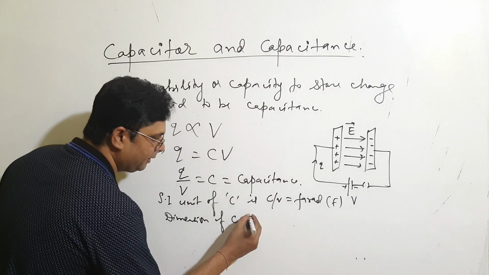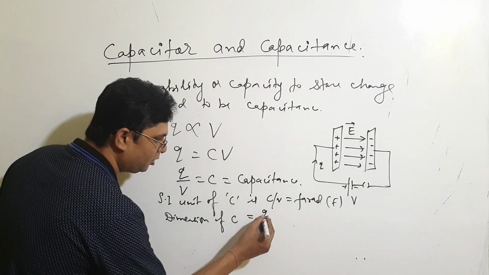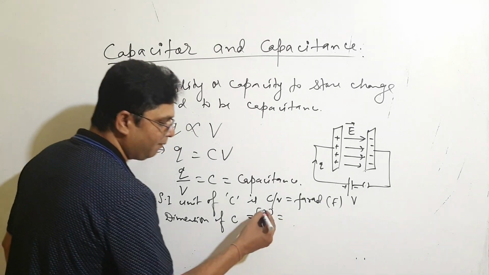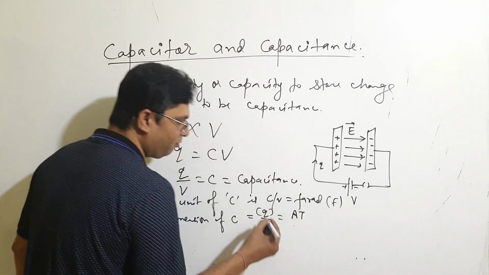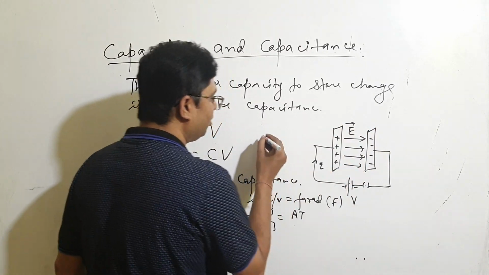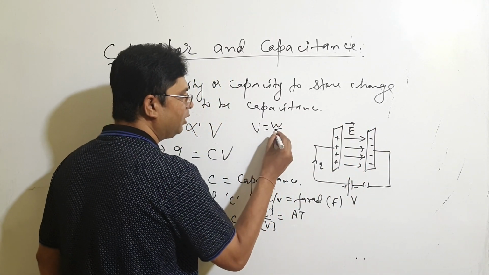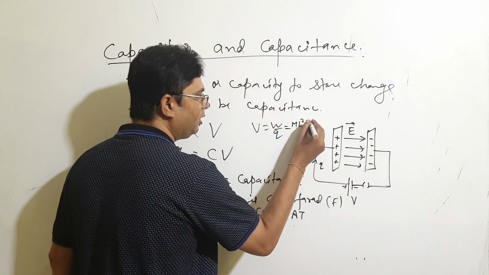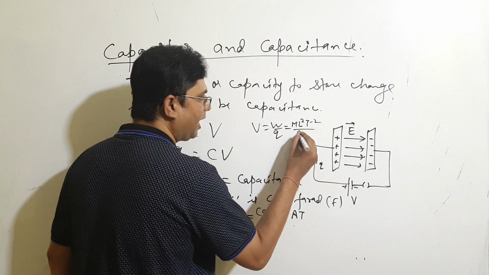The dimension of C can be calculated by dimension of Q by dimension of V. Putting dimension of Q and dimension of V: dimension of Q is AT, and for V we have the formula V equals W by Q. For W we have M L^2 T^-2, for Q we have AT.